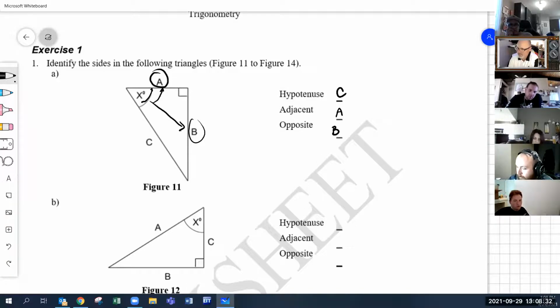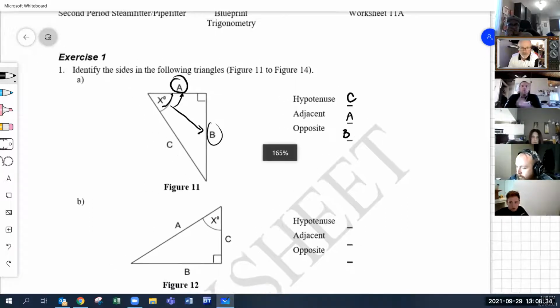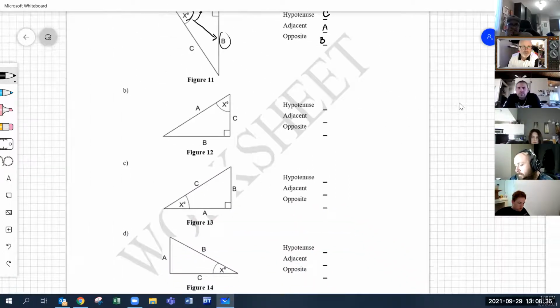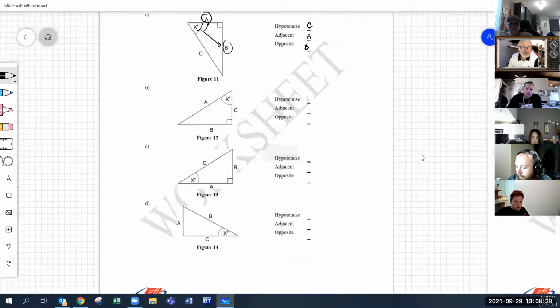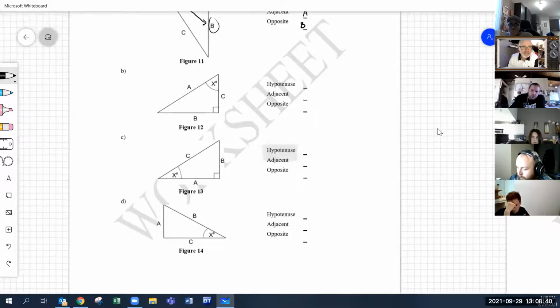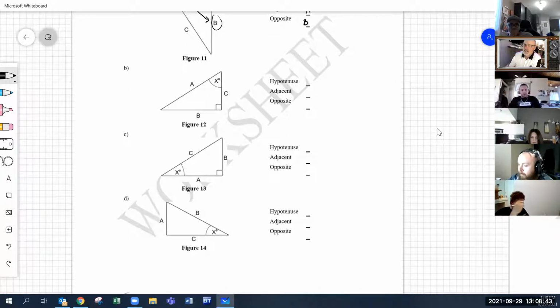It's pretty easy stuff. So saying how this is pretty easy stuff, have a look at B, C, and D and see if you can answer those. And you could use the annotate button and put in your answers in there.